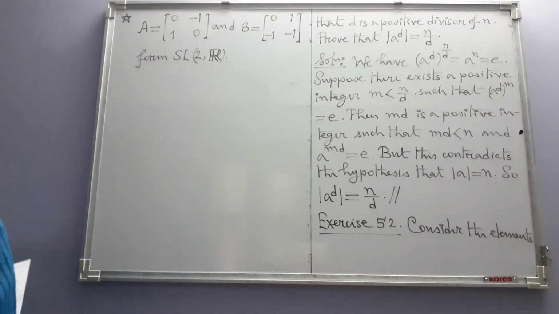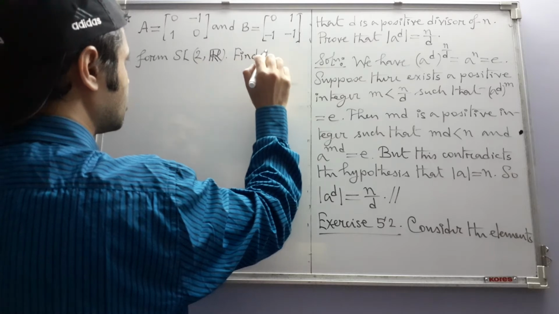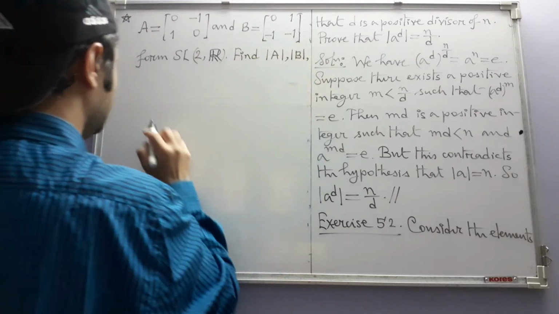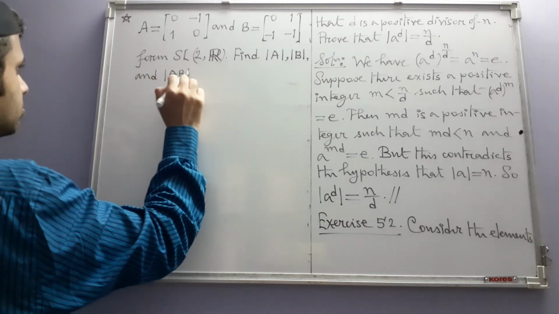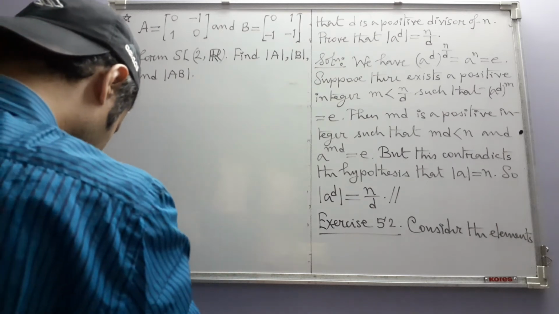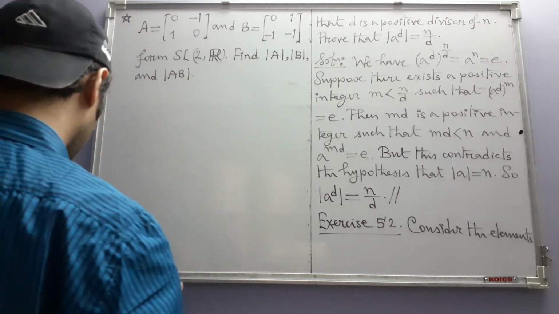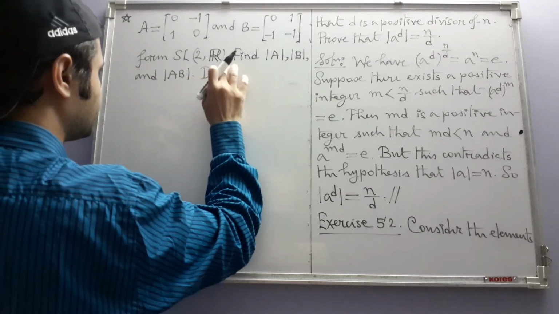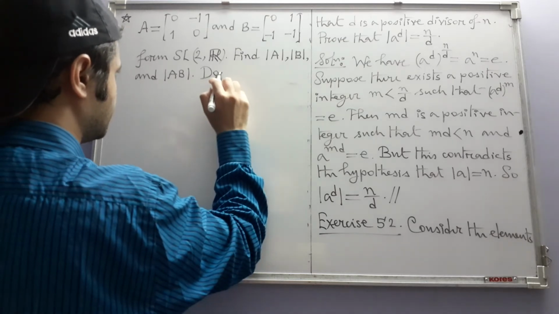Okay, so now find the order of A, the order of B, and the order of AB. And there is a question also. Does your answer surprise you? This part is not mathematical because it may or may not surprise you, say.